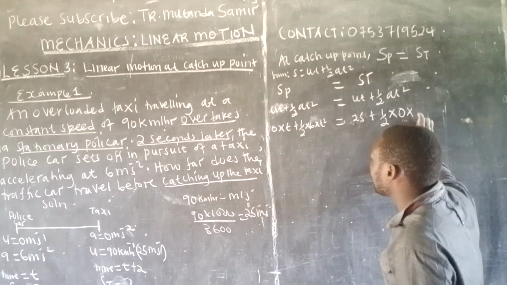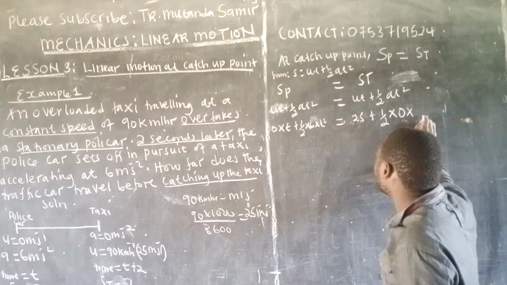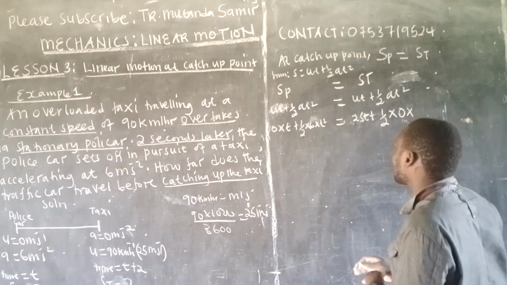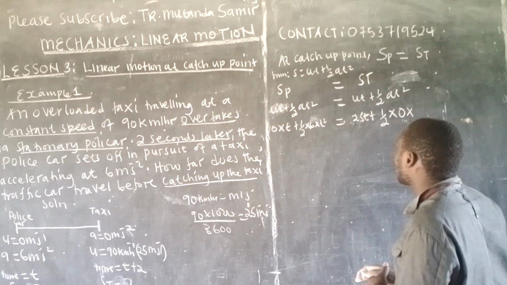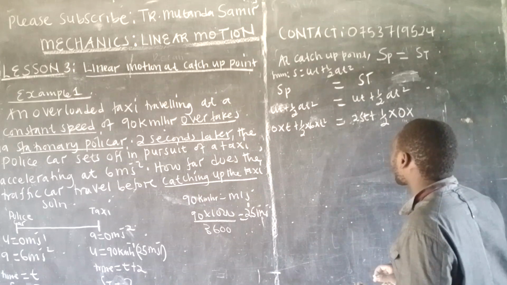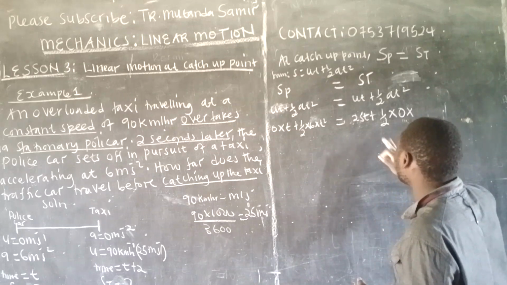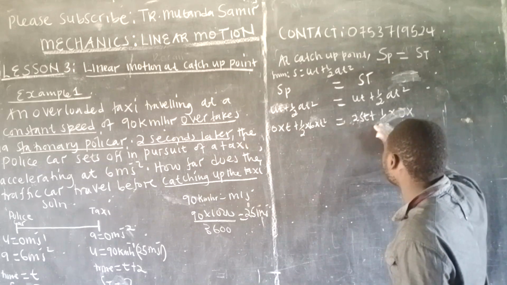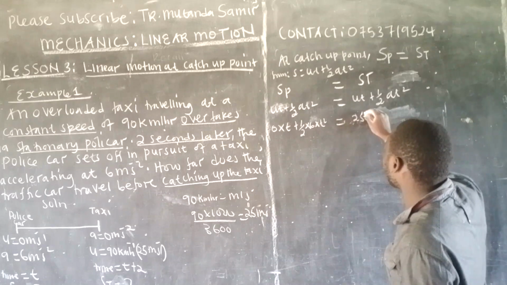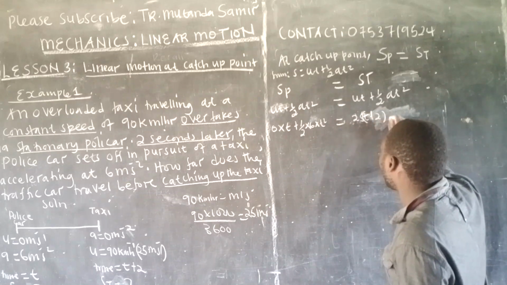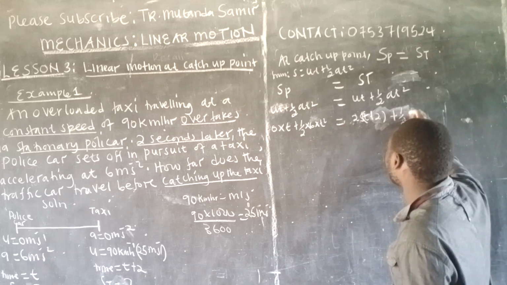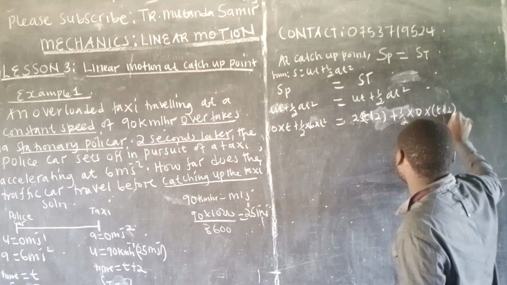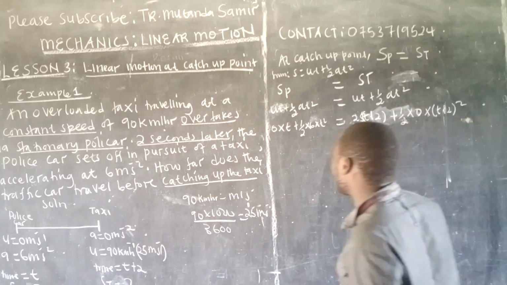Times the t squared, that will give us times the, oh, this is 25t, by the way, sorry. 25t plus that times 25 into t plus 2, plus a half times the acceleration, which is 0, times t plus 2 squared, but the 0 will kill everything there.